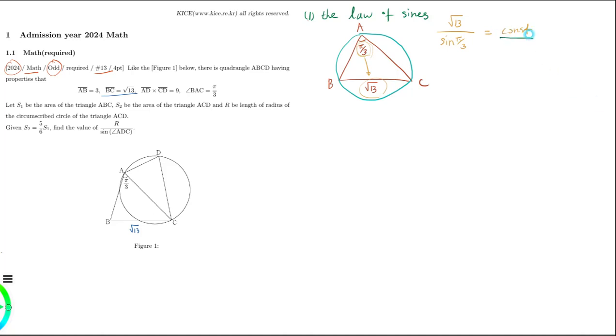This constant is actually the diameter of the circumscribed circle.